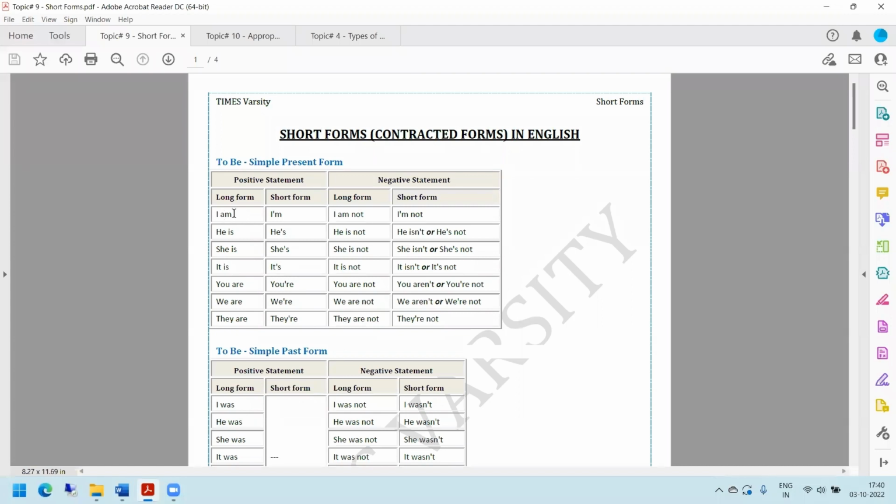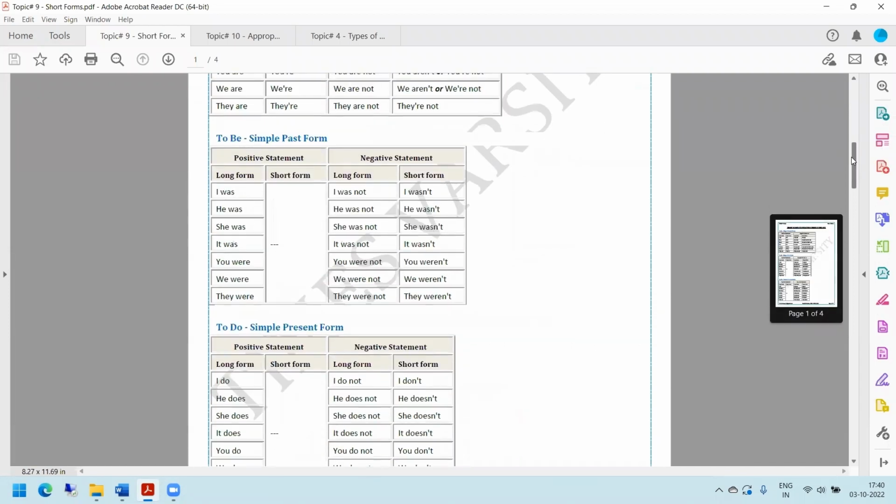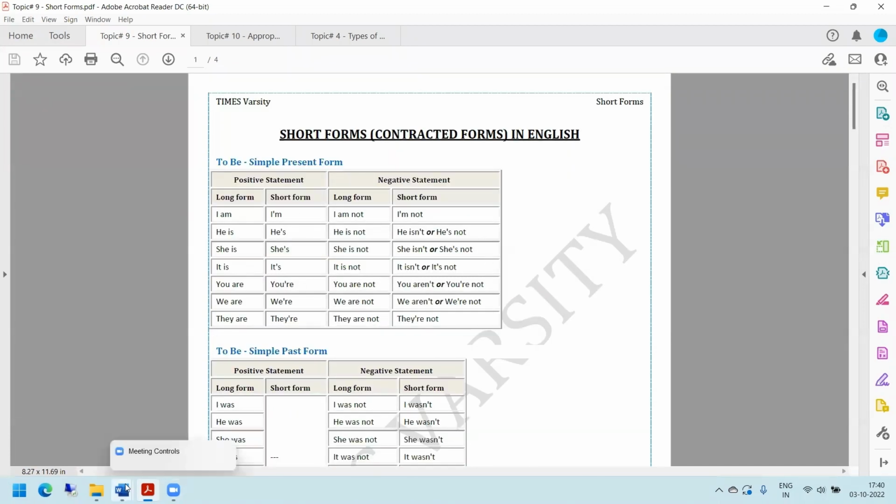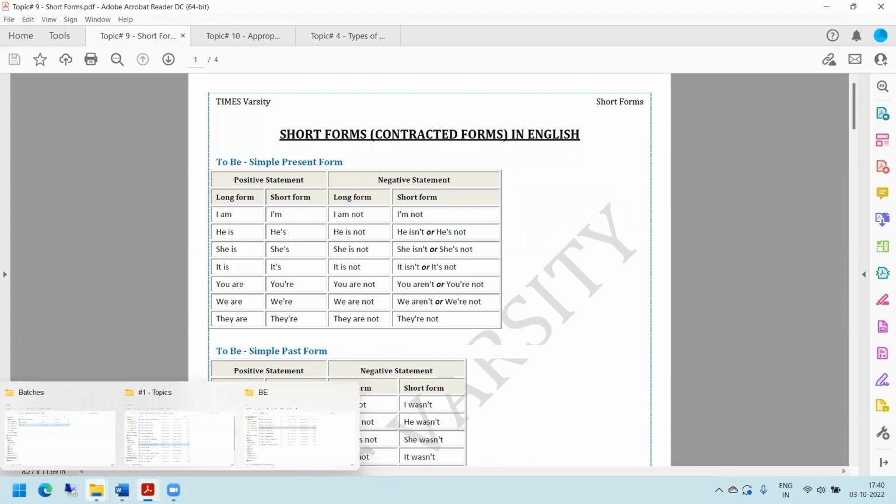Wait, this is not the simple form, this is the continuous present form. So let me correct it first, and then we will add to it.